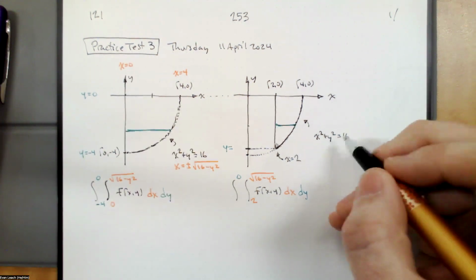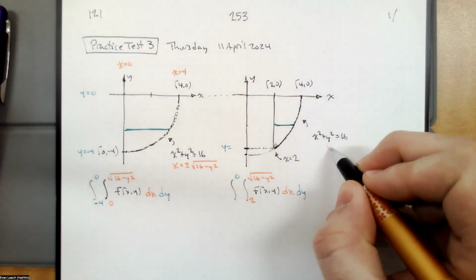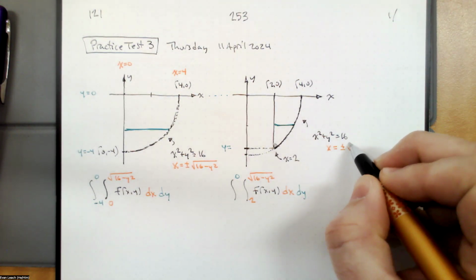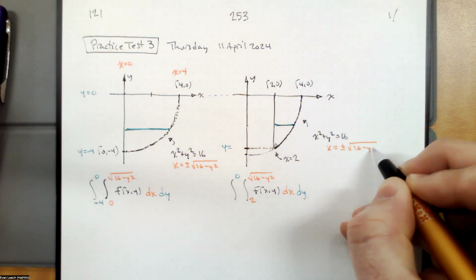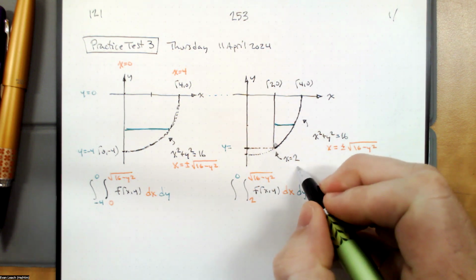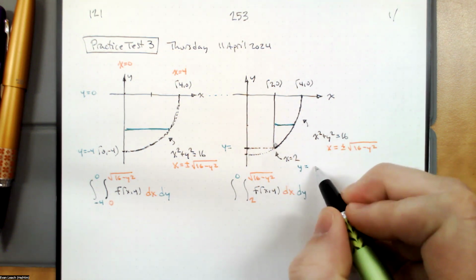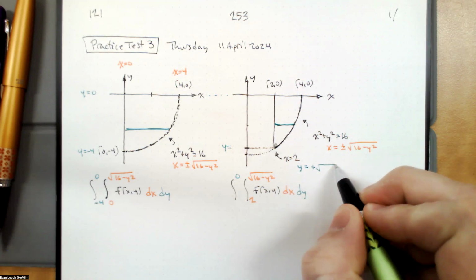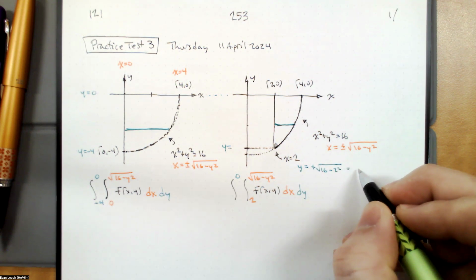So we're doing the same thing up here by rewriting this equation to say x equals plus or minus the square root of 16 minus y squared. If I plug 2 into my expression, I want, in this case, the positive square root of 16 minus 2 squared. 16 minus 4 is 12, so the square root of 12.